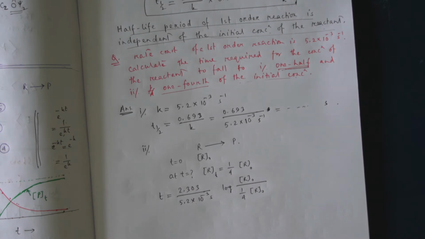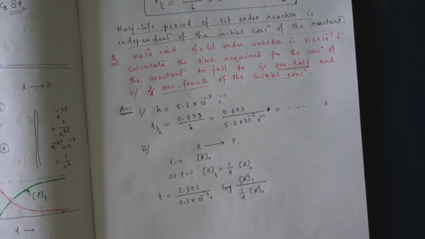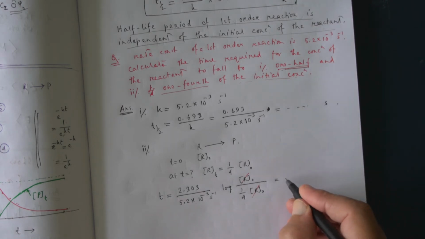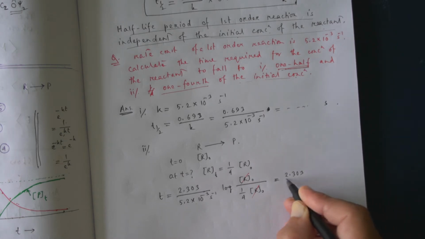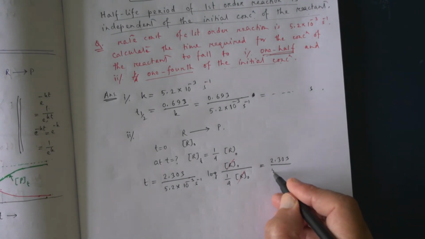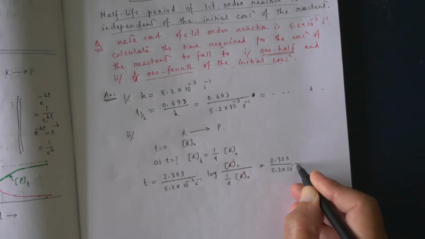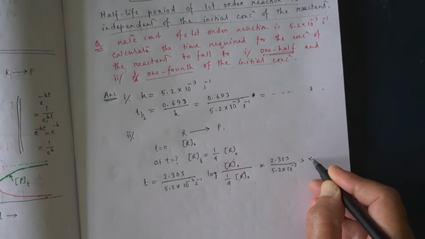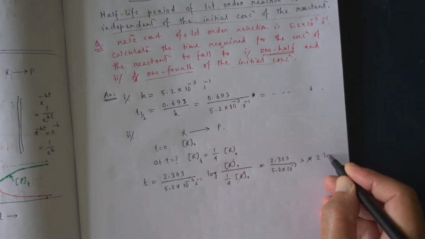Okay, then R naught cancels, so this will be equal to 2.303 by 5.2 into 10 to the power minus 3 second inverse into log 4, which equals 2 log 2.